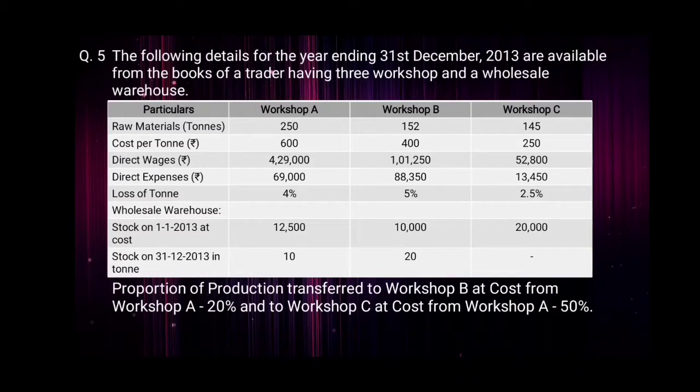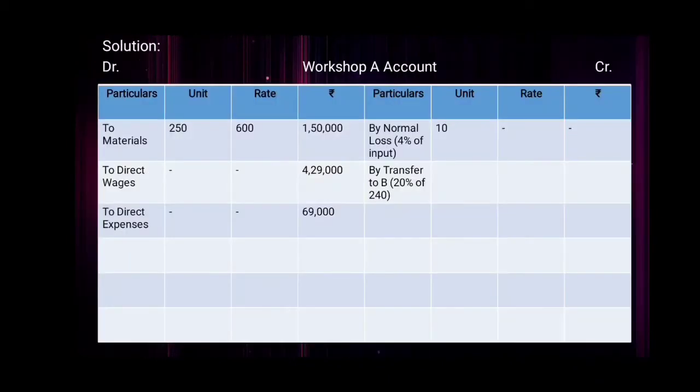Now, proportion of production transferred to workshop B at cost from workshop A is given as 20%. So by transfer to B, 20% of 240. That is the balancing figure of unit side, which will be 48 units. Rate amount we have to calculate.